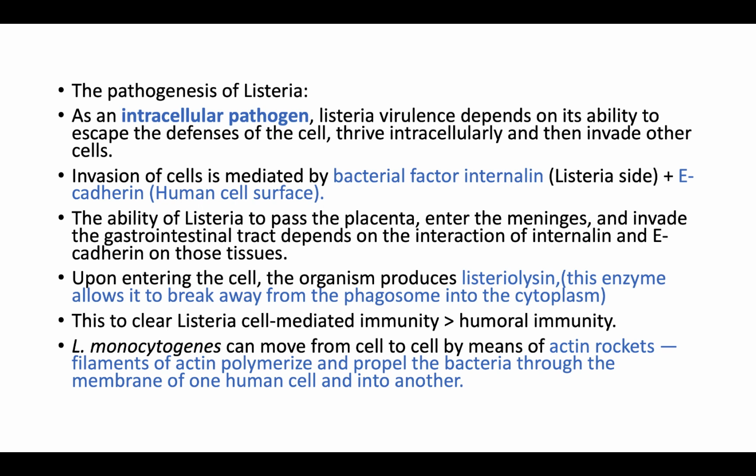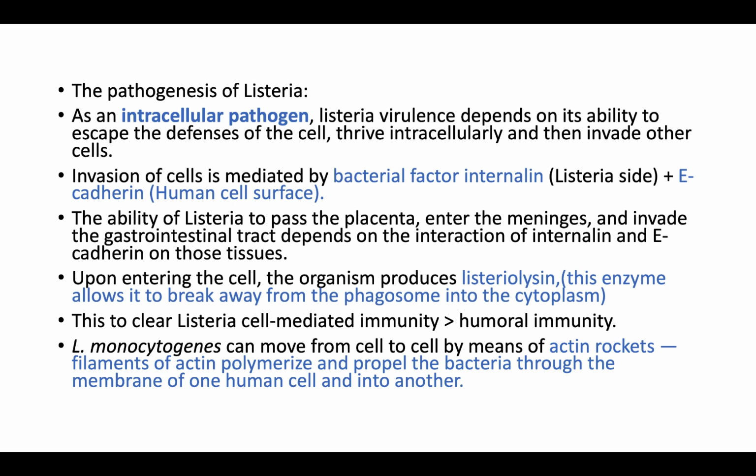So the pathogenesis of Listeria: it's an intracellular pathogen. Its virulence depends on the ability to escape the defenses by sitting intracellularly and then physically jumping from cell to cell. Invasion of cells is mediated by the bacterial factor internalin on the Listeria side, plus E-cadherin on the human side.